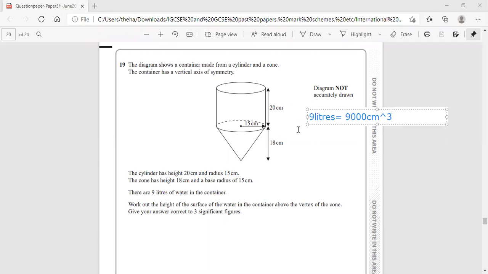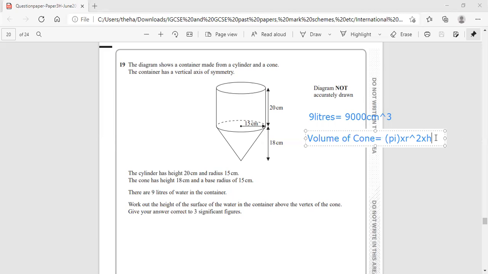So let's just write down the equations. These are both given to you in the formula sheet. We've got volume of cone, which is our bottom thing. Volume of cone equals pi r squared. I'm going to put a bracket around pi just to show that it's pi. So we've got pi r squared times height as well.